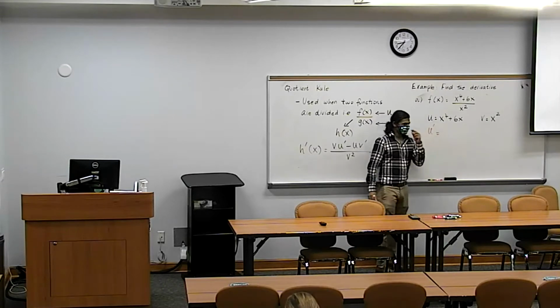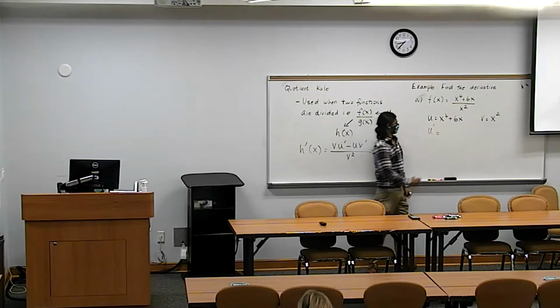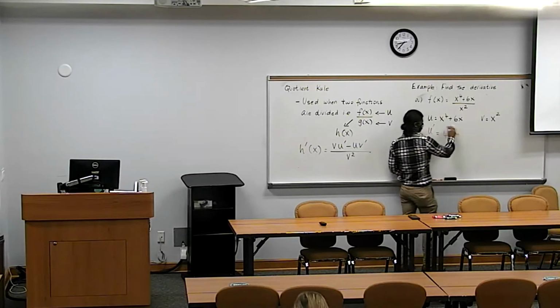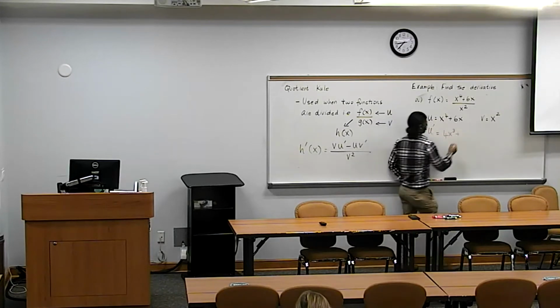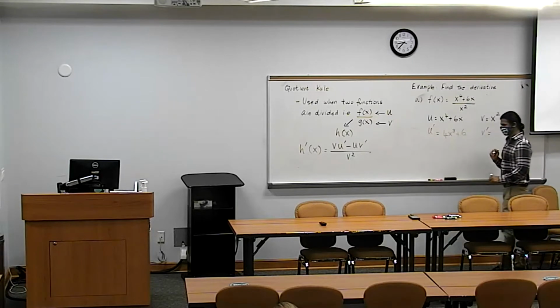What is the derivative of x raised to the 4? 4x cubed. The derivative of 6x is 6. Derivative of x squared is 2x.